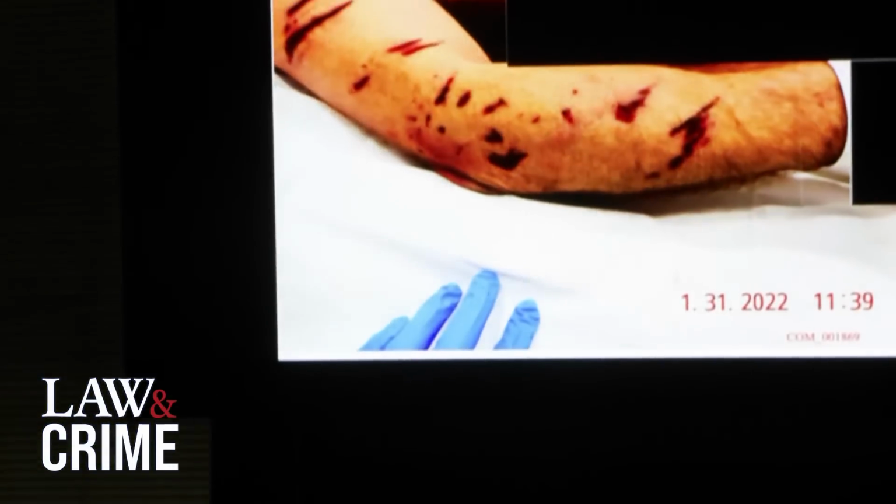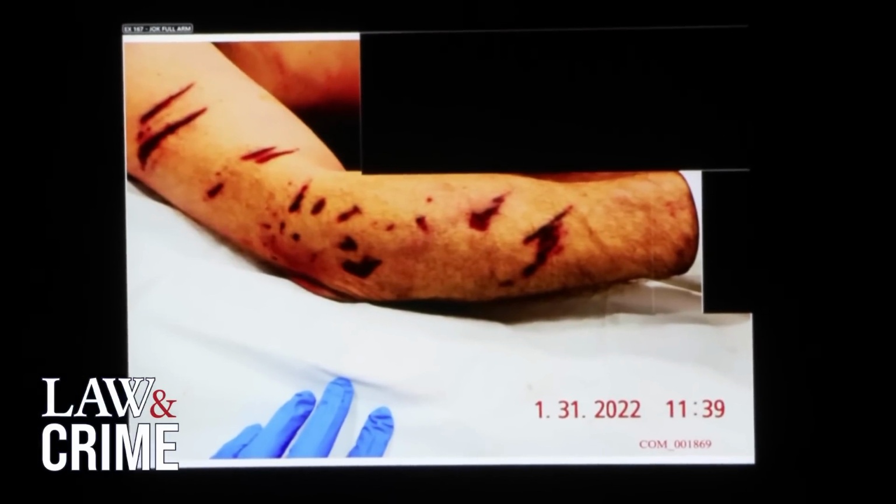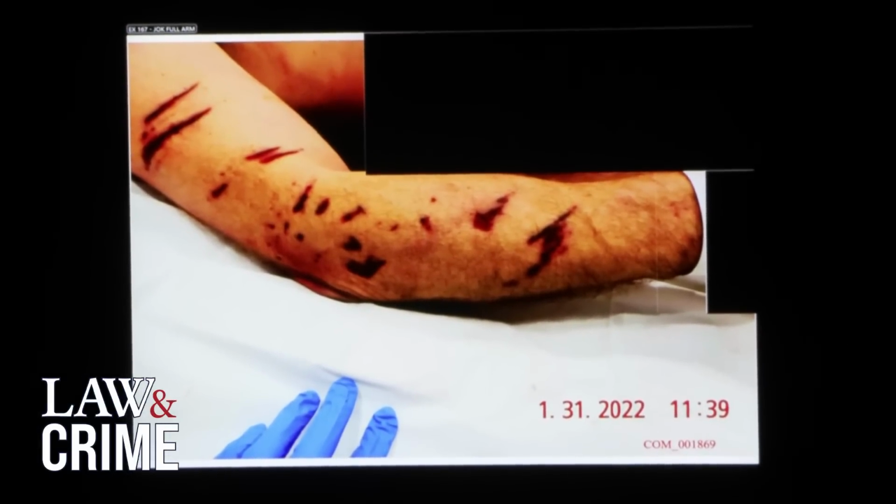Doctor, in terms of Mr. Wolk, if we could please, and Your Honor, may we publish what is already in evidence, which is Exhibit 167? Okay. Dr. Russell, do you recognize Exhibit 167? Yes. And how do you recognize that?